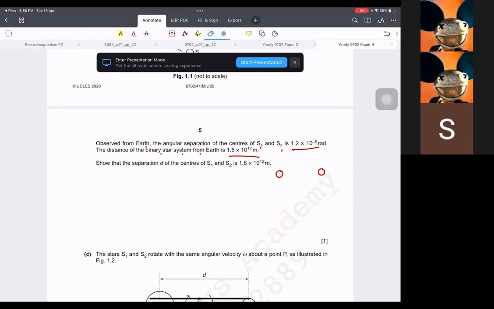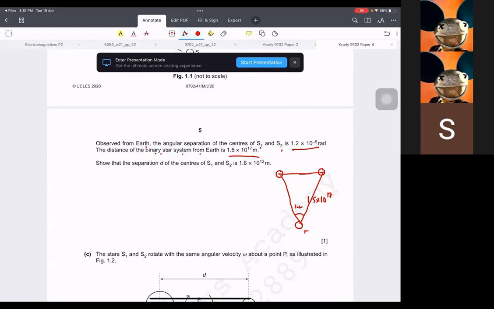So let's make it from the center. This distance is 1.5 times 10 raised to 17, and the angular separation, this whole angle, is 1.2 times 10 raised to -5. Okay.